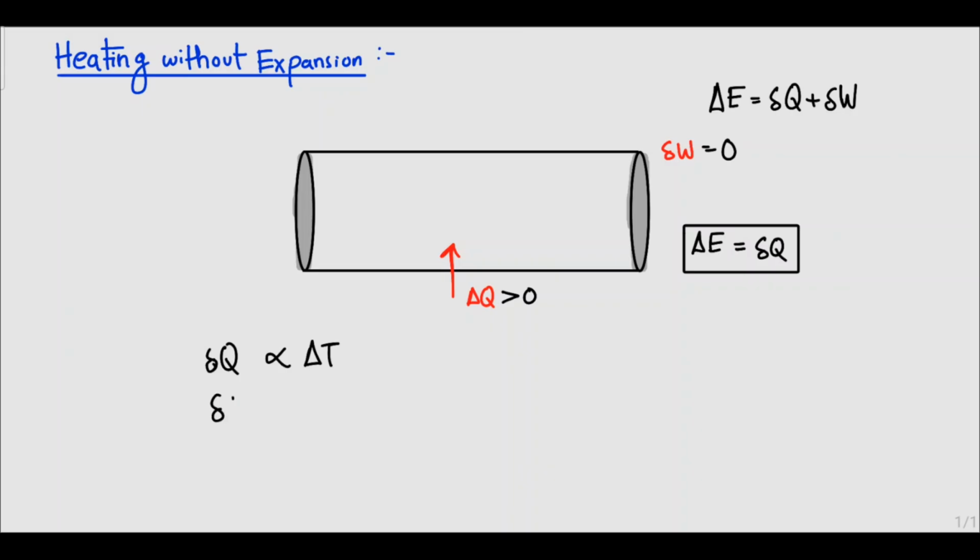So in total we can also write that delta Q is proportional with m, which is mass obviously, or with the number of particles, or with the number of moles of stuff that's inside.